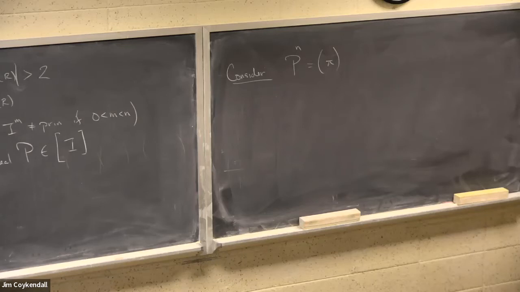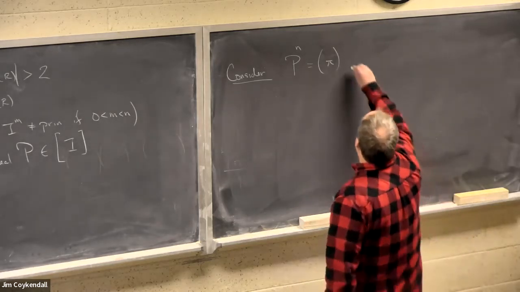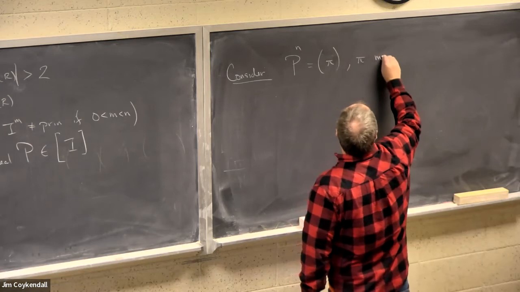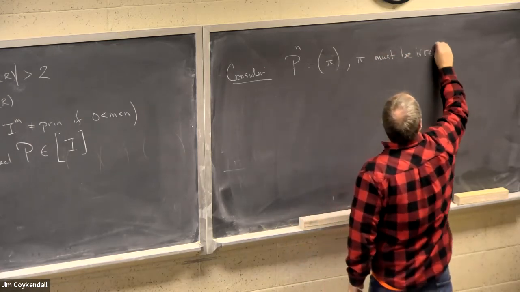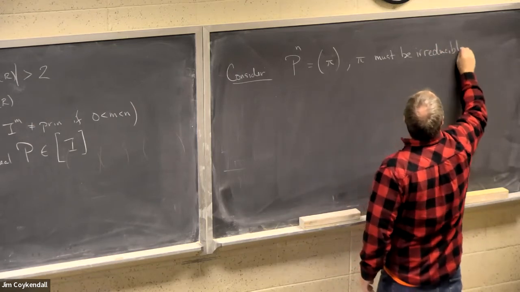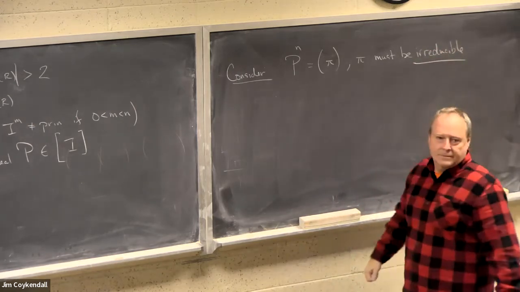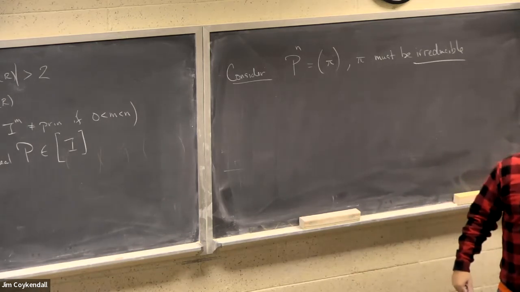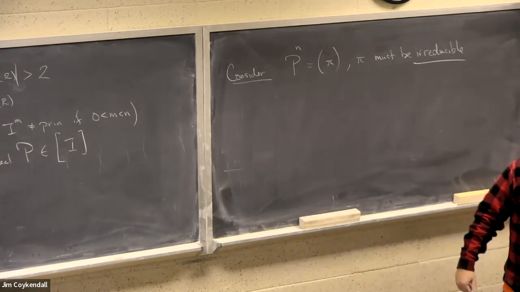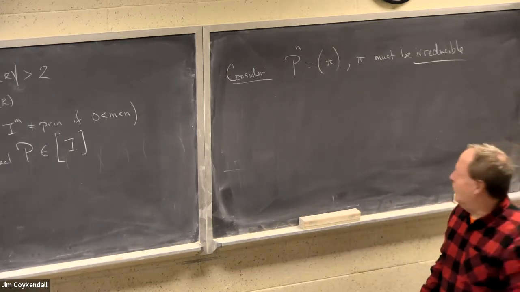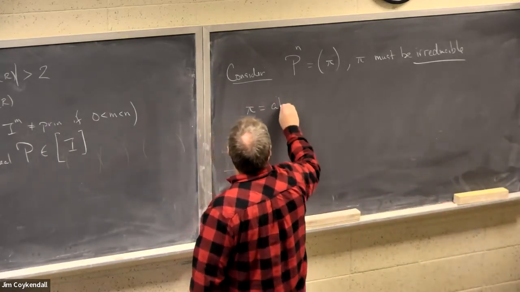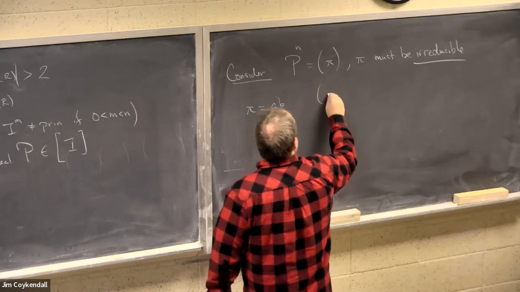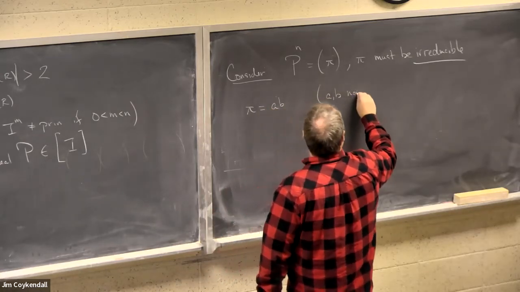Pi is looking very lovely today because it is irreducible, right? Can anybody justify that? Let's just suppose for giggles that pi is equal to A times B.